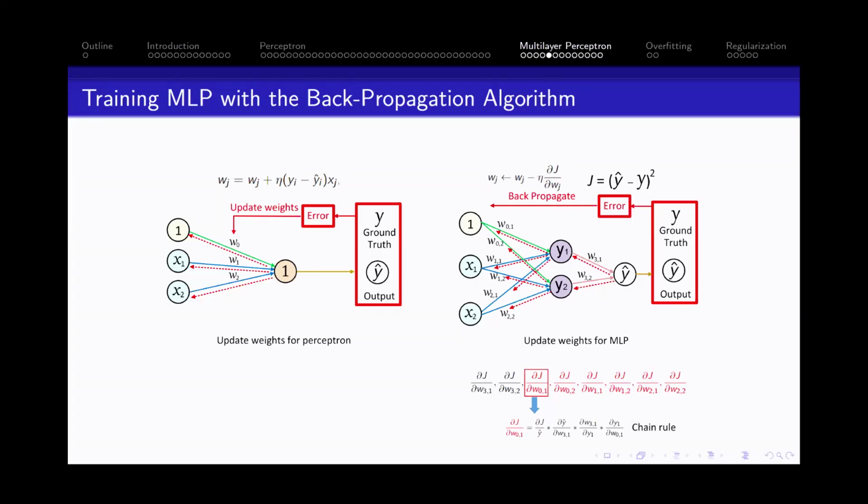You continue this process and update the weights until your error is minimized. And how you can decide that the error is minimized is something the optimization algorithm can do for us, which we will discuss in the next slide.